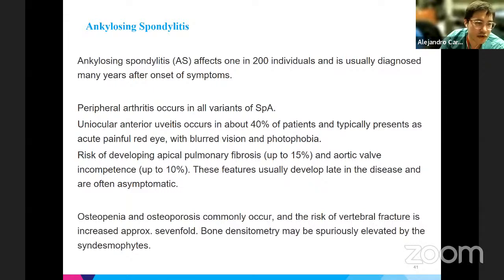It can also occur with uniocular anterior uveitis that can be treated with corticosteroid drops. These patients also have a risk of developing apical pulmonary fibrosis as well as aortic valve incompetence. They usually develop late in the course and are often asymptomatic. Also, osteopenia and osteoporosis commonly occur with these patients. That increases their risk of vertebral fracture.